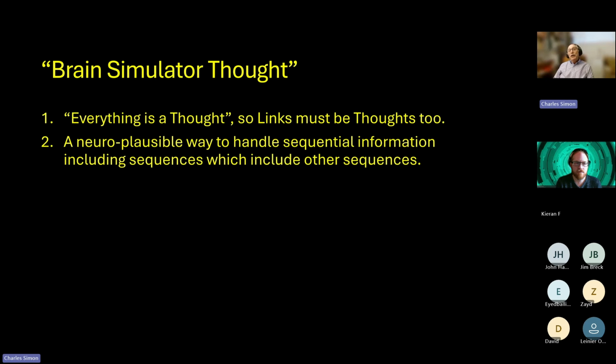And the second, and this is where I want to focus today, is a neuroplausible way of handling sequential information. I'll talk about why you need sequential information and what sorts of things are included. One of the key things we'll get out of this is that the structure in your brain has to include sequences, including other sequences.